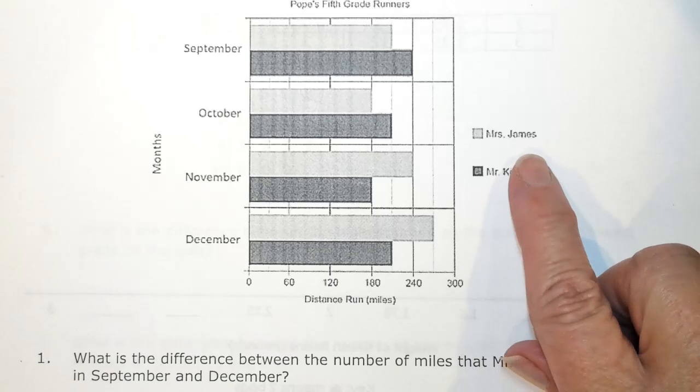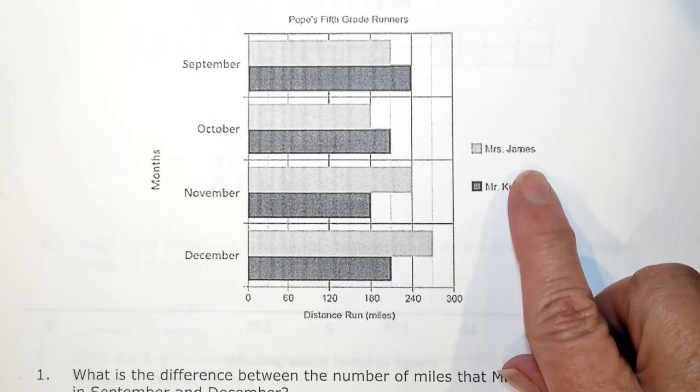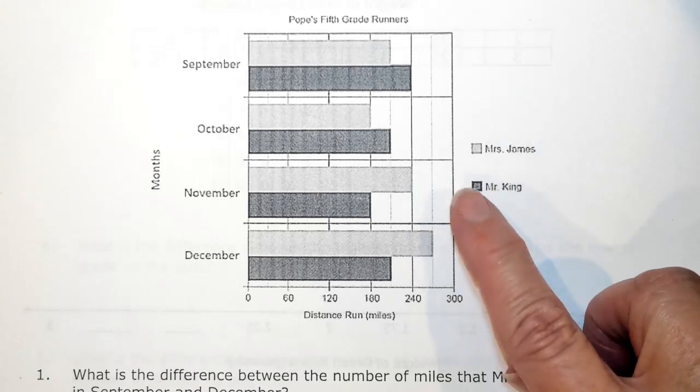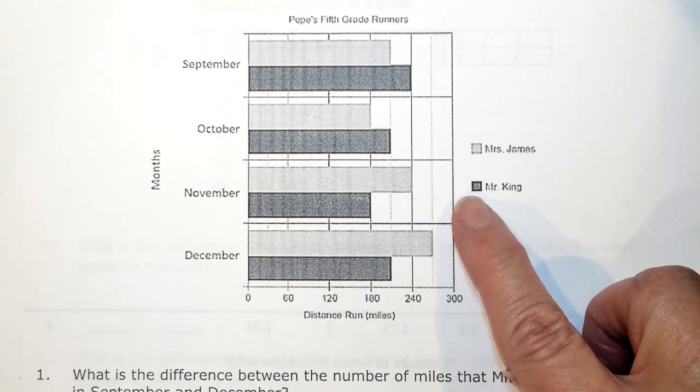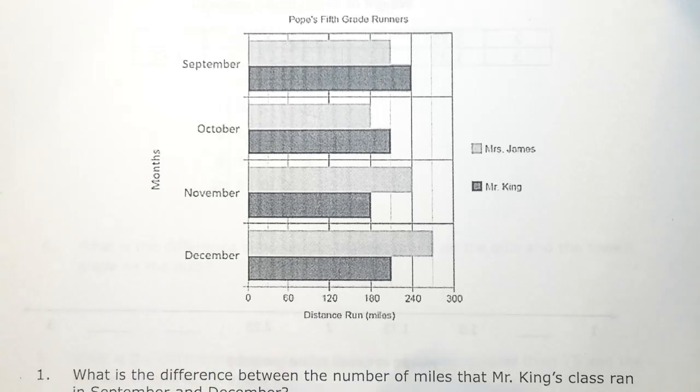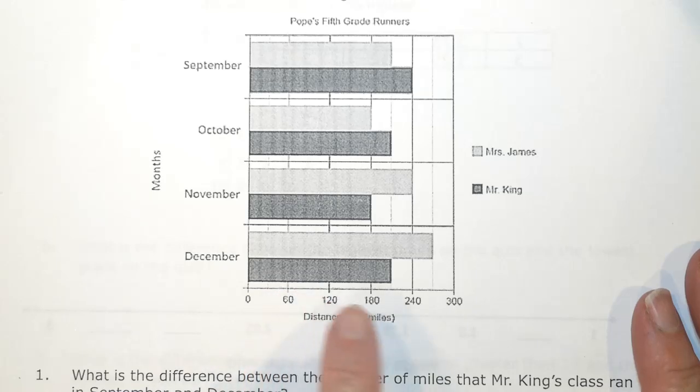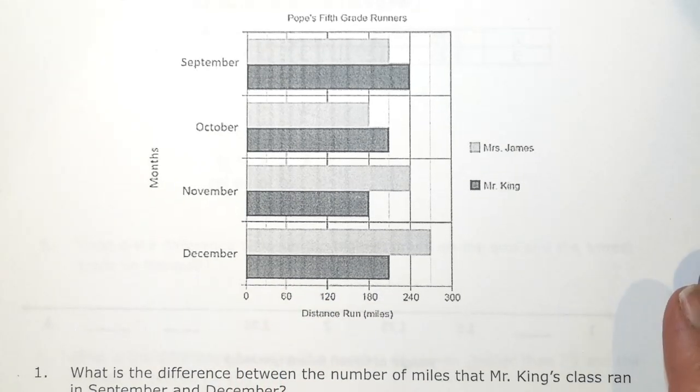And then we have the shading, the light shading representing Mrs. James, and the dark shading representing Mr. King. So before I even get started, I do notice that there are some lighter markings in between the actual numbers. So I'm going to go through and mark those first.